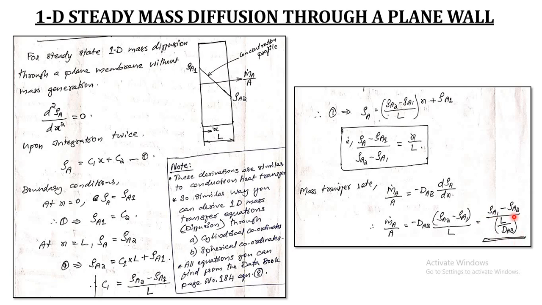The denominator term L by A DAB is called diffusion resistance. This is exactly analogous to conduction heat transfer through a plane wall.